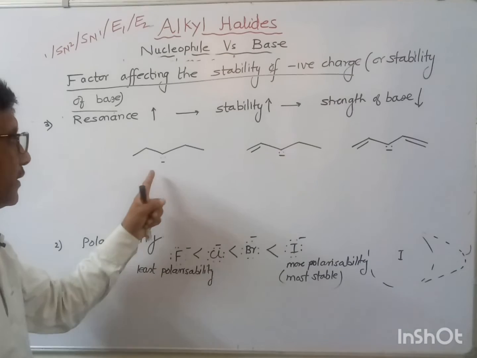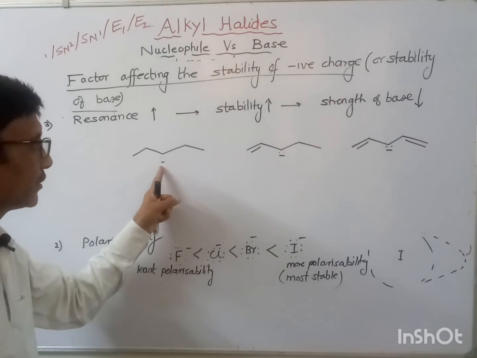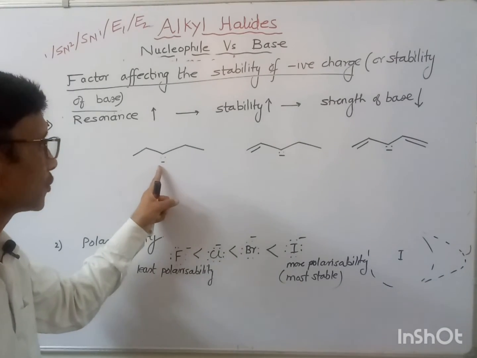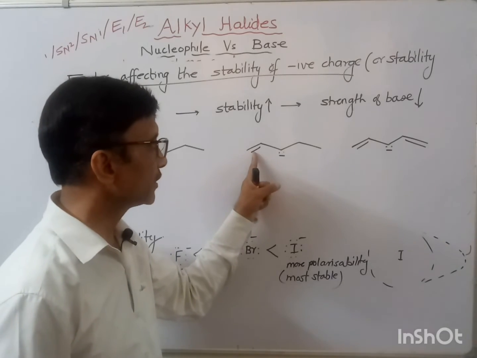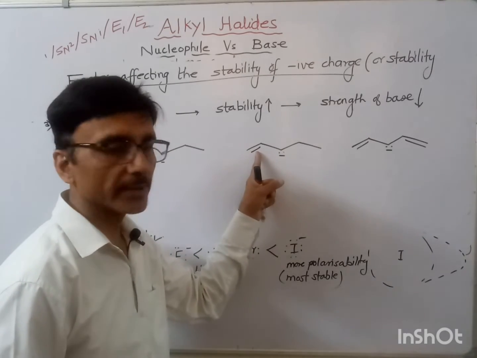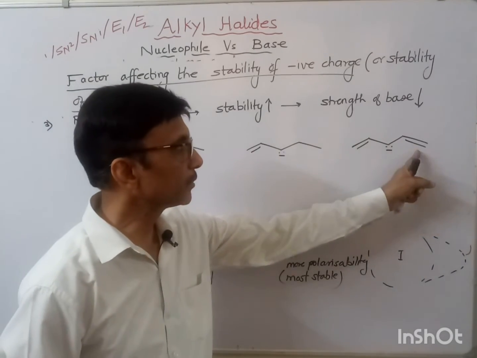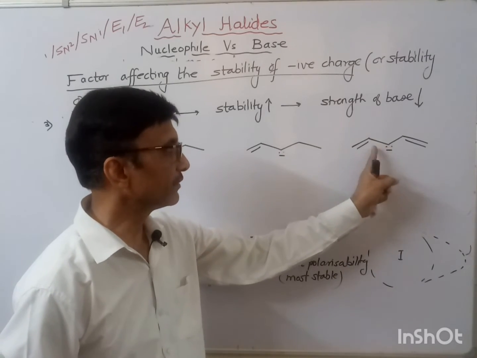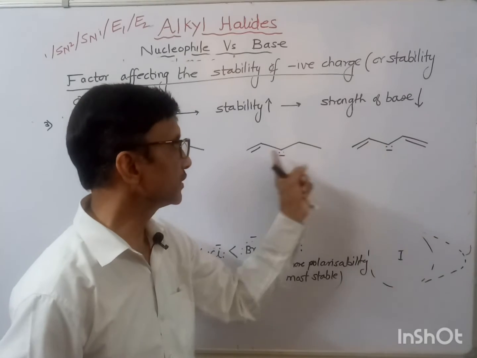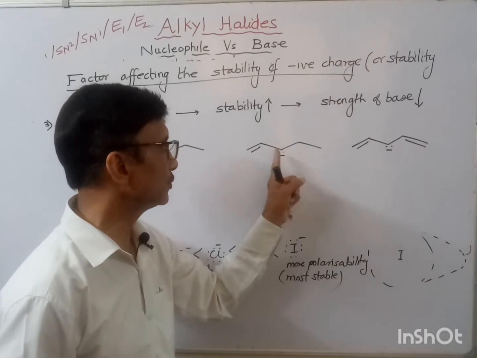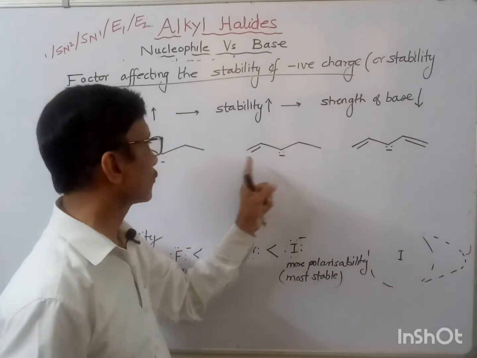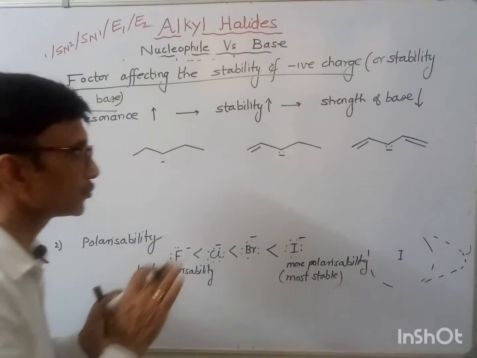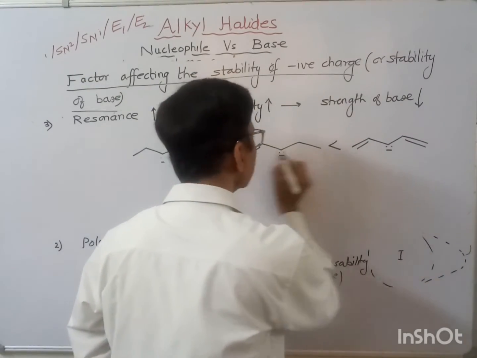No doubt here there is no resonance, no delocalization of this lone pair of electrons. Here delocalization is due to one pi bond. Here delocalization is due to the presence of 2 pi bonds. Delocalization of this lone pair will occur due to the 2 pi electrons. Here the delocalization occurs due to the presence of only 1 pi electron, and here there is no delocalization. So no doubt this is most stable.